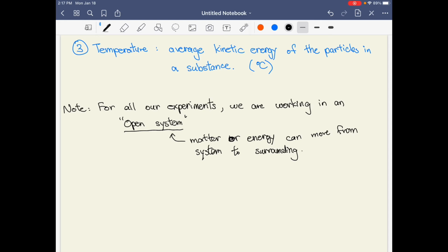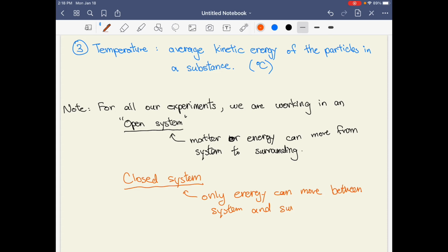Because we cannot be working in a closed system. That's crazy. Millikan Mills High School, what do you think we are? Because in a closed system, only energy can move between system and surroundings.